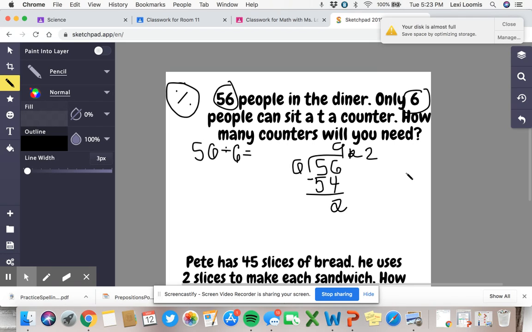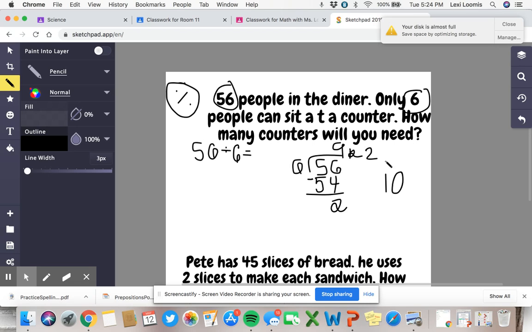All right? So you would want to make sure that you would say, you would have 9 counters, but then it would leave you with 2 people who don't have seats. So what you would have to do is you would have to round it up and say you would need 10 counters. Because there is a remainder, that means people are going to be left over.